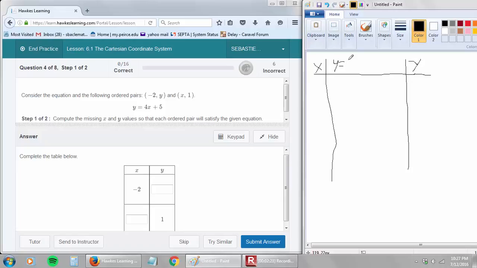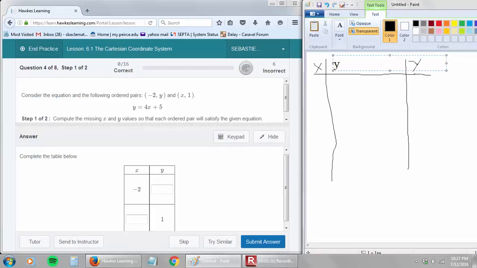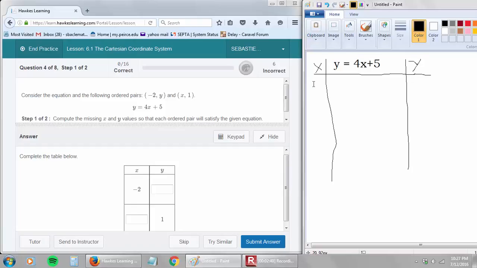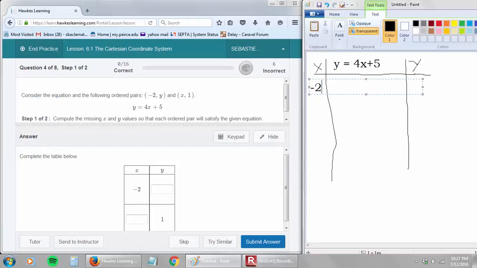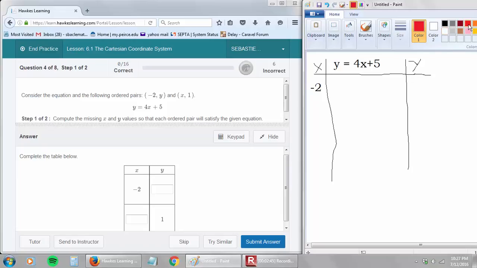So my equation is y equals 4 times x plus 5. I'm going to take the value for x that they gave me, which is -2, and when I'm using this table, I'm replacing the x here with the number they gave me, the -2. So that x is going to turn into a -2, but everything else will stay exactly the same.